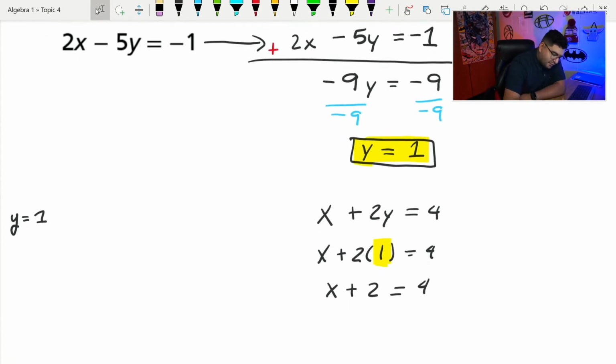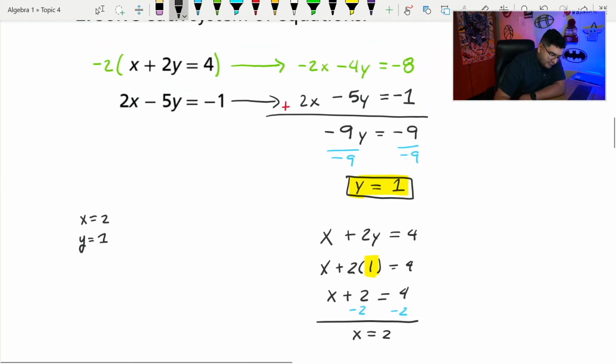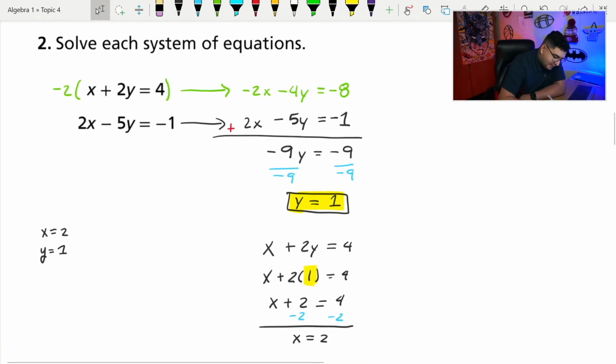We can then subtract 2 from both sides. And we end up finding out that x equals 2. So there we have it. We know that x is 2 and y is 1, so that would make our final answer 2, 1.